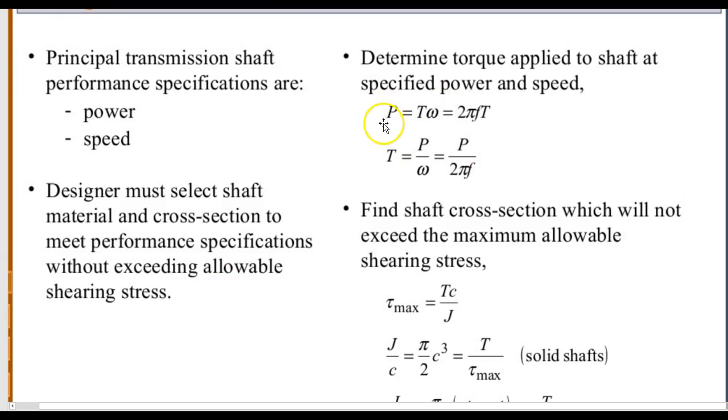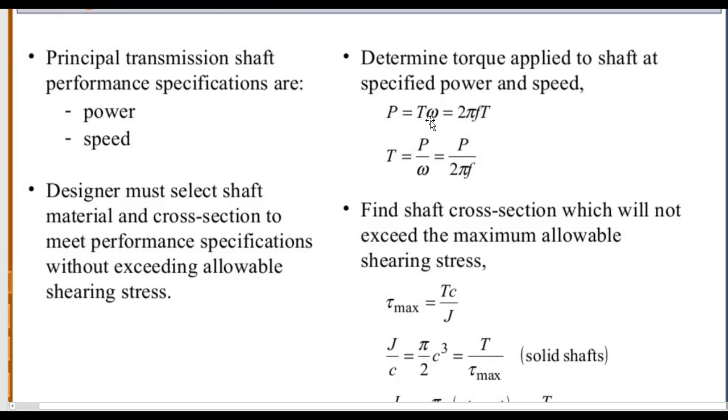So the basic equation for power transmission is that power, which is measured in units of energy per time, is equal to the torque, which is units of force times distance, times omega. Now, omega is a rotational speed.